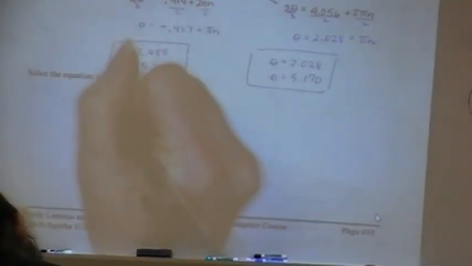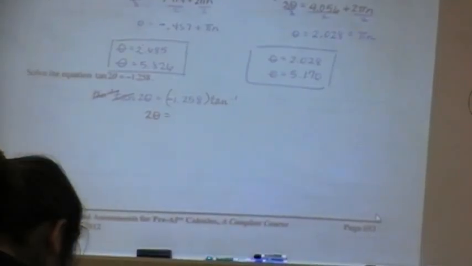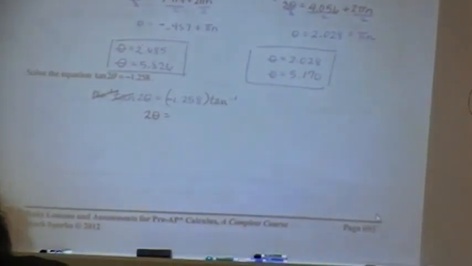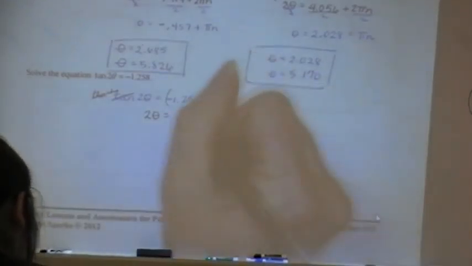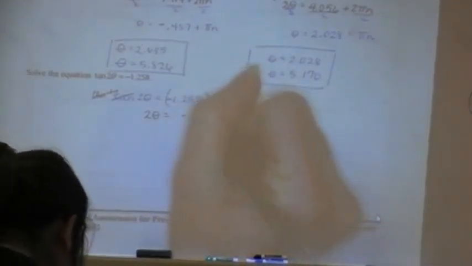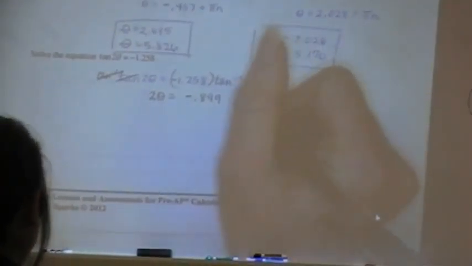Alright, so we're going to inverse tangent. I don't have to split this, but this is where I will add in pi n.